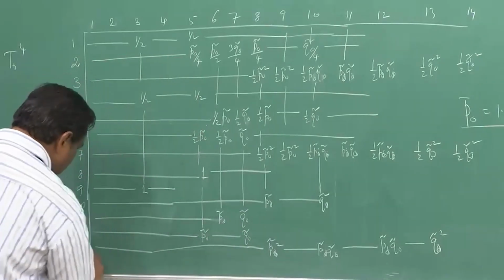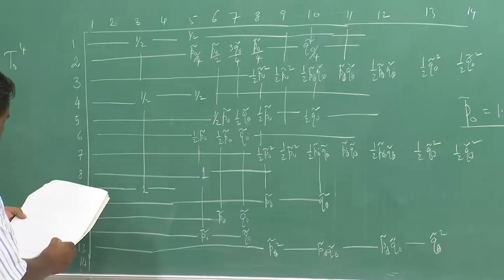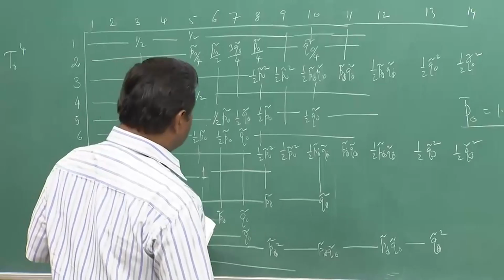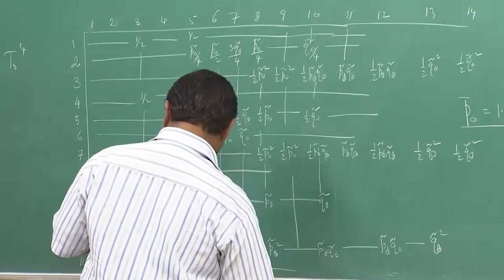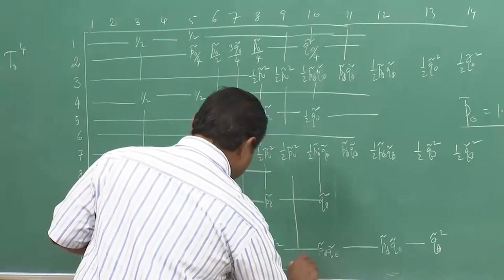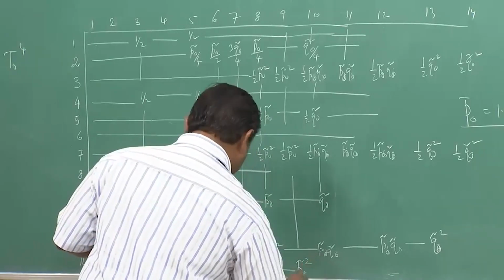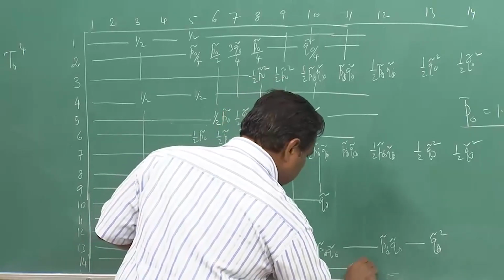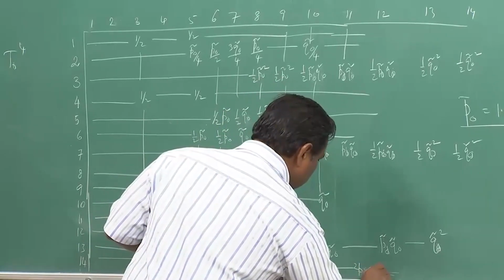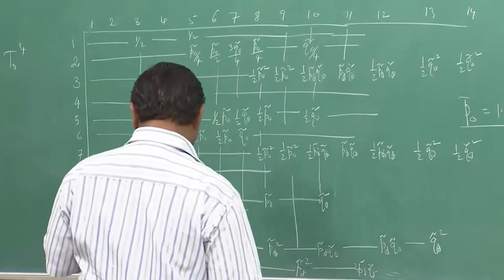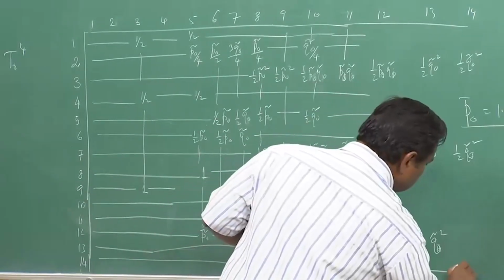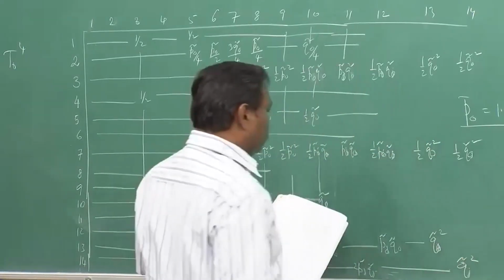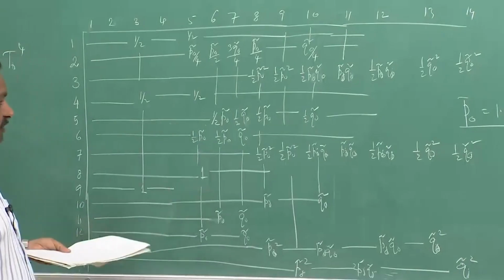So, 14th similarly I can put down for this particular matrix as go to the 9th one, yeah. 11th and 14th term q0 square, q0 tilde square.